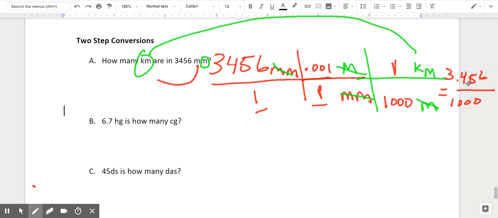When you divide 3.456 by 1,000, you get 0.003456, and our unit was millimeters and now is kilometers.